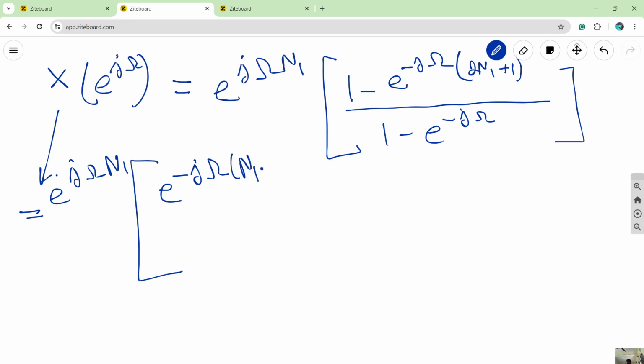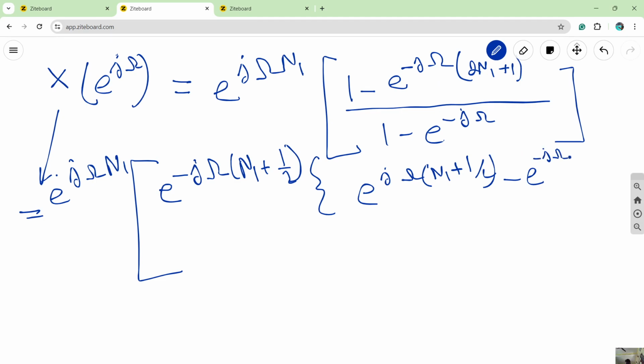Now we take the term n1 plus half as common, so this becomes e to the power j omega n1 plus half, and from this term it becomes e to the power minus j omega n1 plus half.